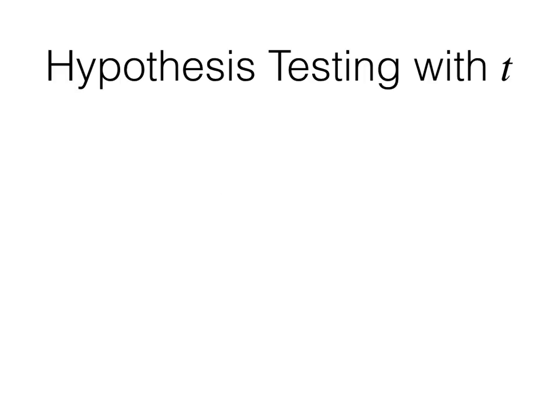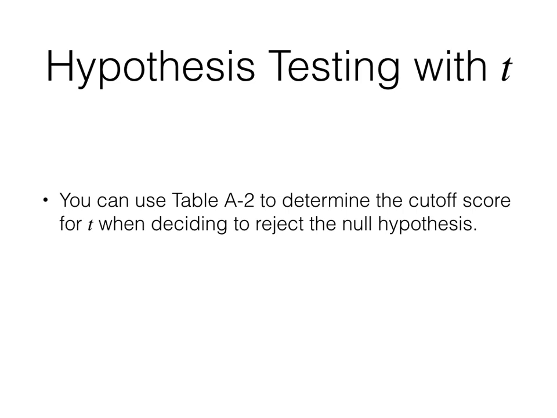All right, let's start out with a single sample t-test. What you were doing last week was a single sample z-test. Here we'll have one sample mean, and we'll want to know if it's different from some other score that we are hypothesizing about. When we're hypothesis testing with the t, we have to use a different table to determine our cutoff scores, because the shape of the t distribution is different from a normal curve.